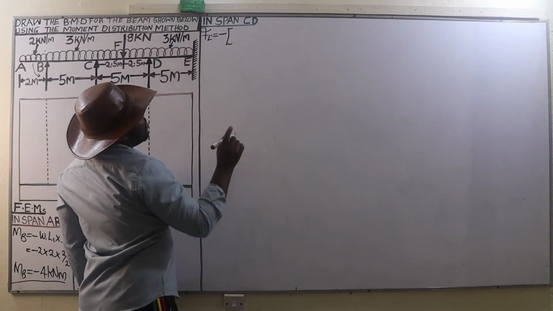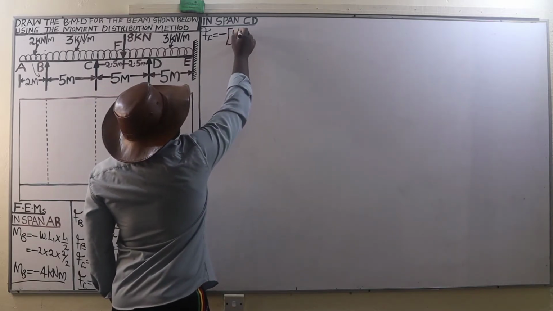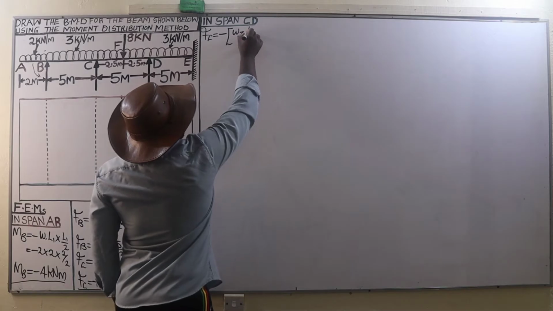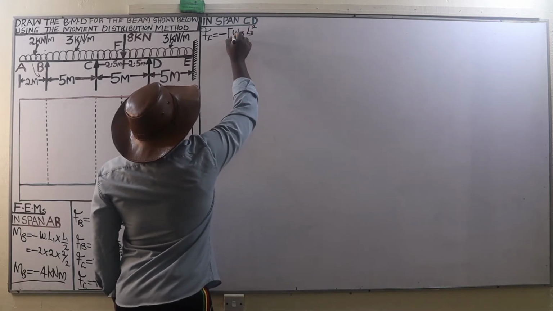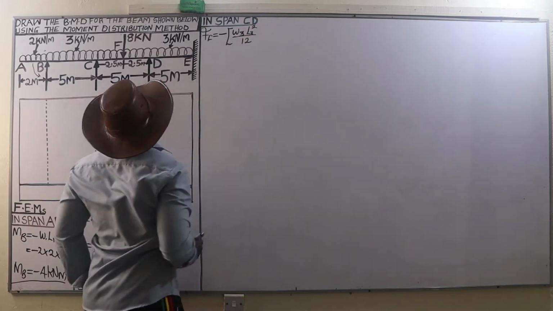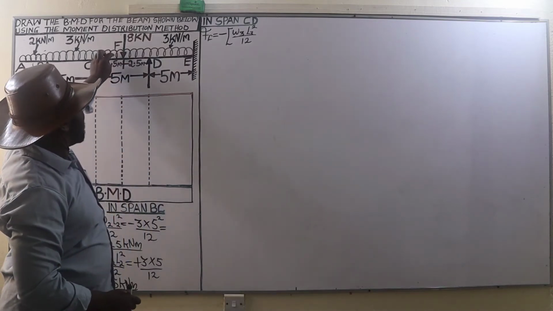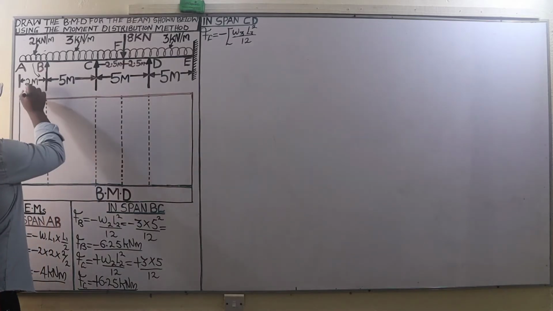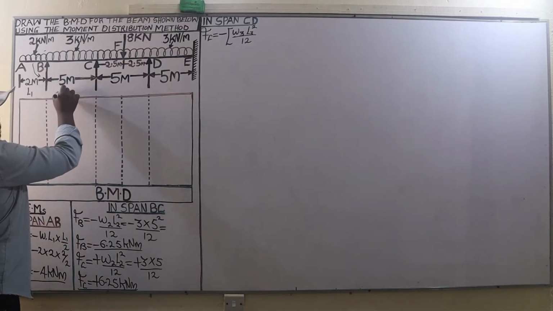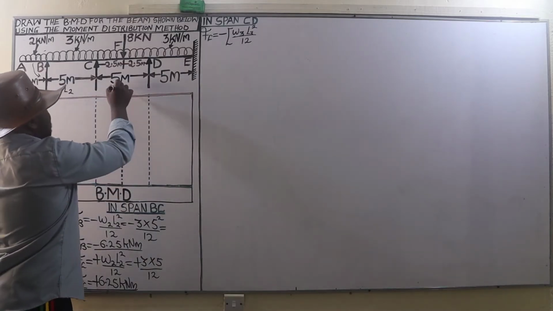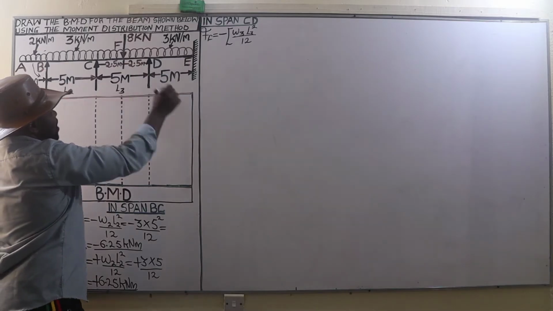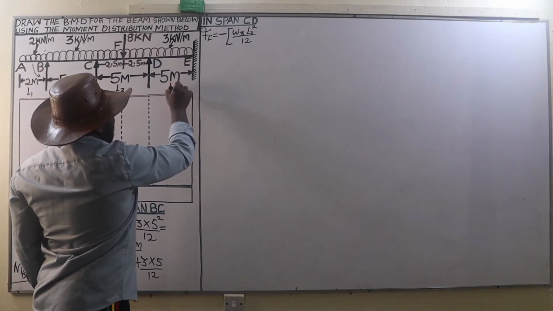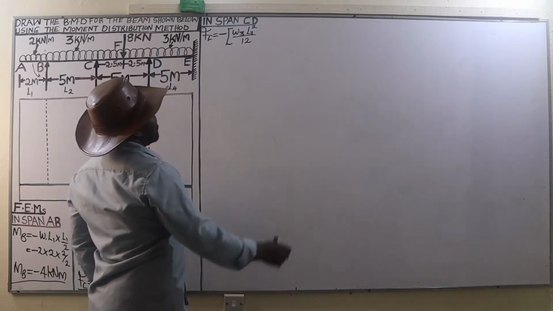Now, due to the UDL, we are going to have W3 L3 squared divided by 12, whereby W3 is the UDL and L3 is the span C to D. So we have A to B being L1, B to C L2, C to D L3, D to E L4, and so on and so forth.